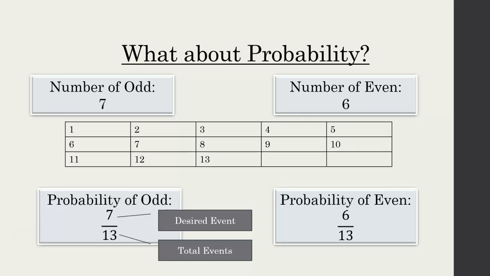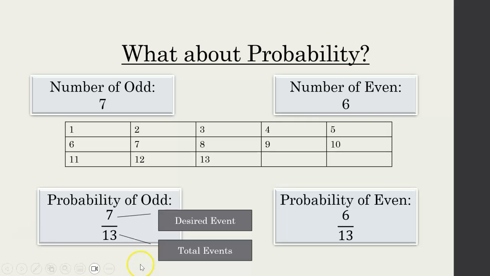That means if I rolled this die 100 times, the expected amount of odd numbers I would get is 100 multiplied by 7 over 13. So if I rolled the die 1,000 times and I wanted to find roughly how many odd numbers I would expect to get, I'd multiply 1,000 by 7 over 13.